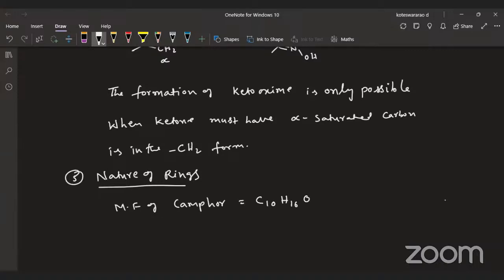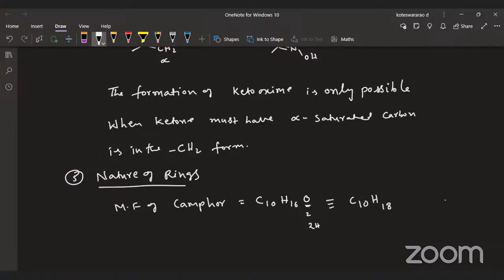Right. Here the oxygen valency is 2, which is equivalent to 2 hydrogens. Then the fully saturated molecular formula is C10H18.